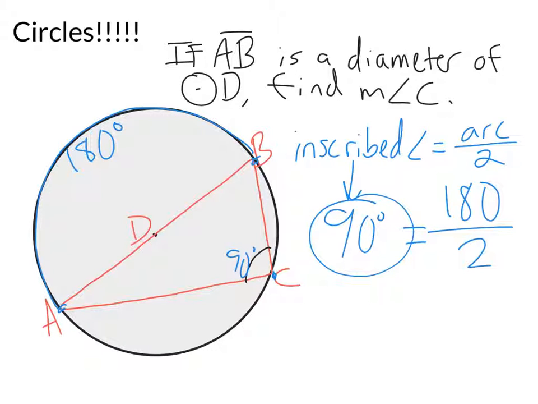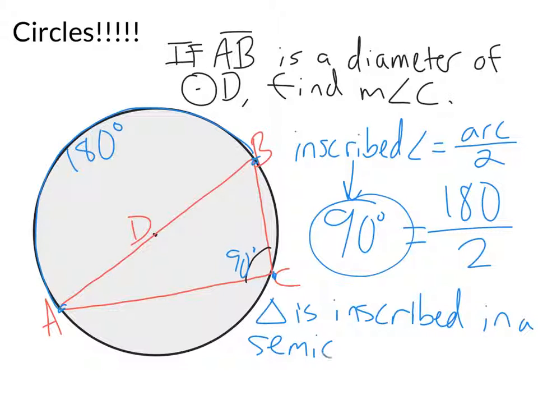Okay. In other words, what kind of shape do we have here for ABC? That's a triangle. If a triangle is inscribed in a semicircle, which is just half a circle, then it's a right triangle.